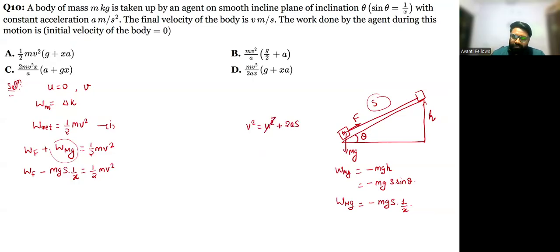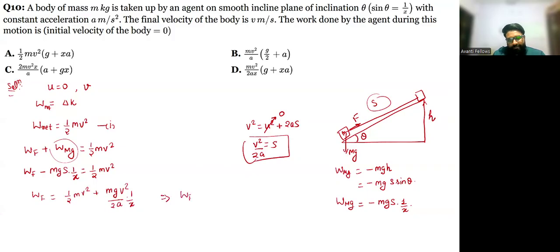Since the initial velocity is 0, v square upon 2a is the value of s only. Now the work done by this agent is half mv square plus mg times the value of s, which is v square upon 2a into 1 by x.